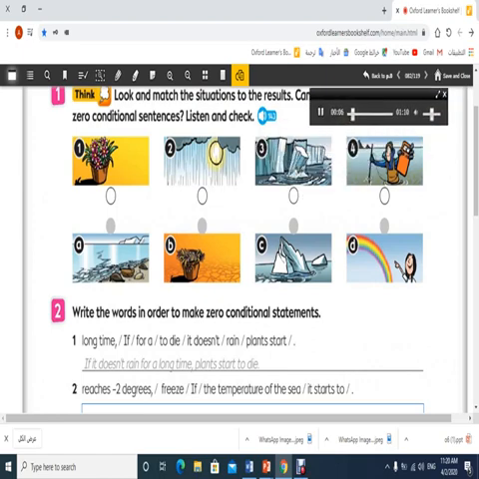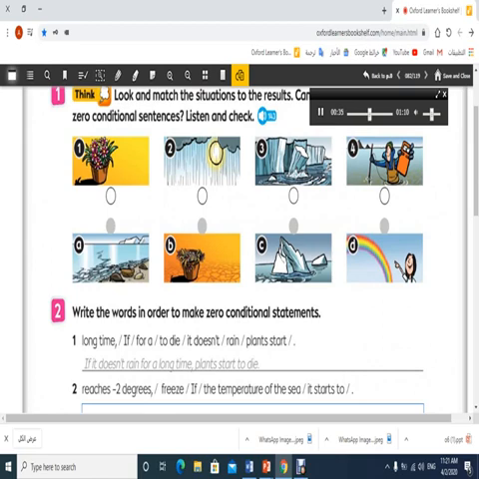Did you know that over 70% of the Earth is covered in water? Water is really important for all living creatures on our planet. So today's lesson is about water. Does anyone know any facts about water? If it doesn't rain for a long time, plants start to die. That's true. Well done.